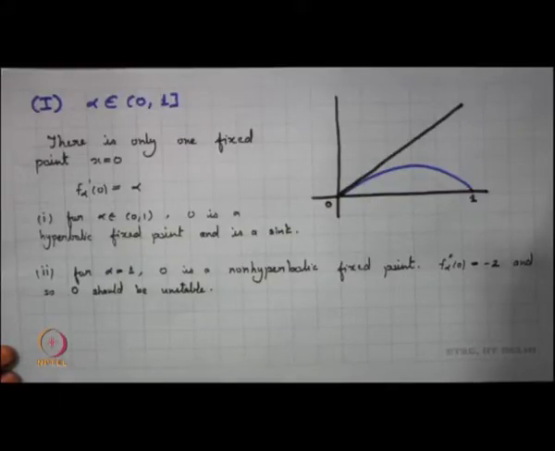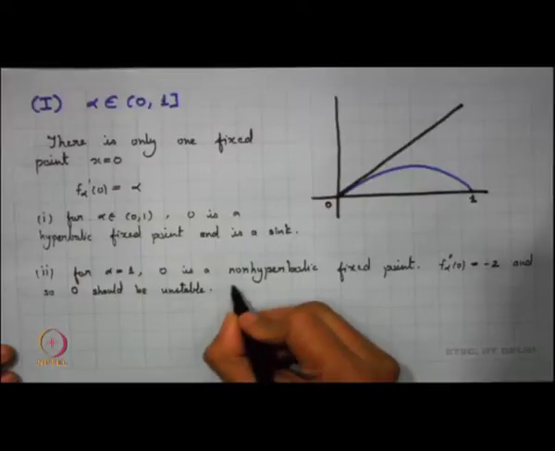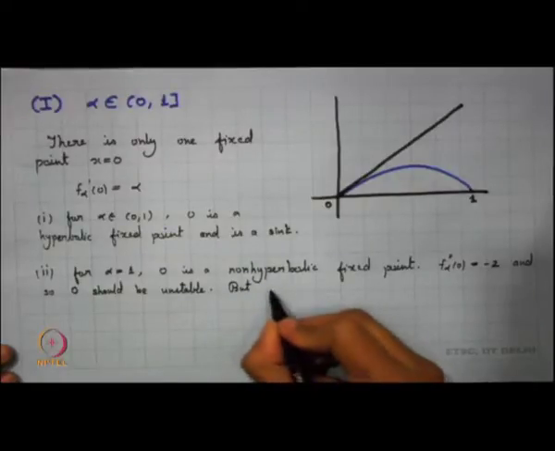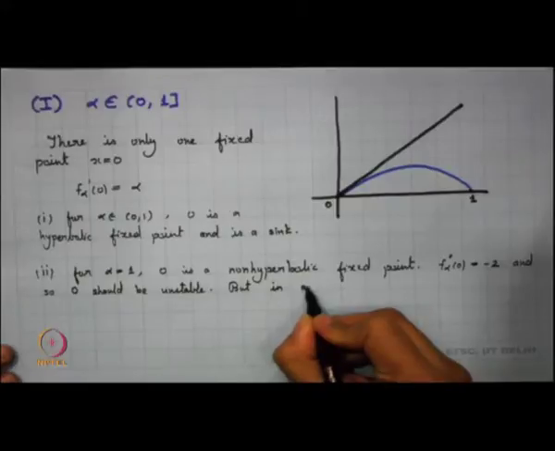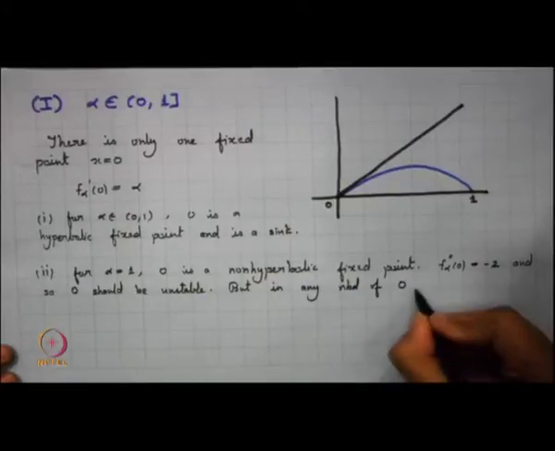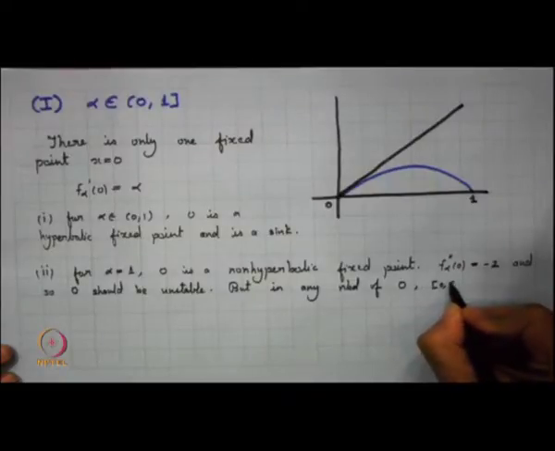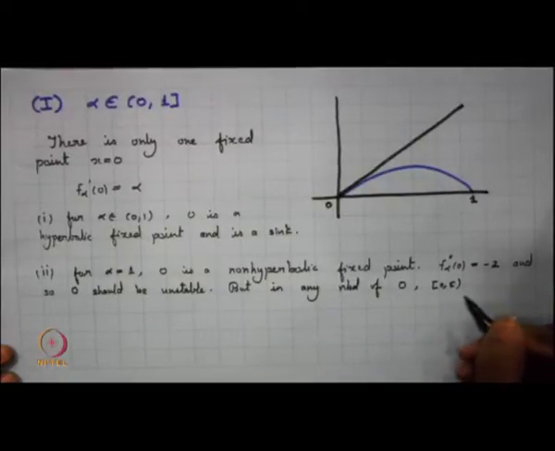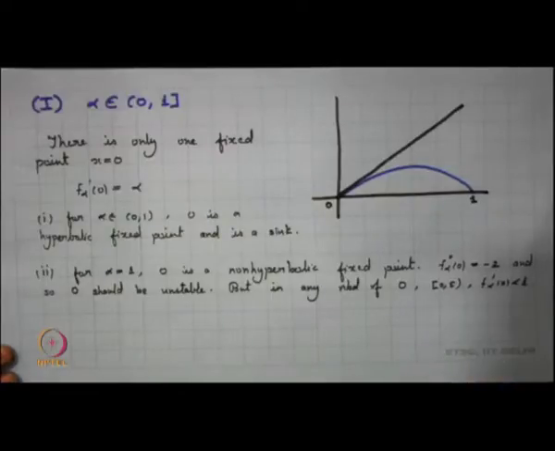According to the theory, it should be unstable. But what is the neighborhood of 0 that we are considering? We are considering values only between 0 and 1. In any neighborhood of 0, that is, something like (0, epsilon), we find that f alpha prime at x is less than 1, it decreases there.